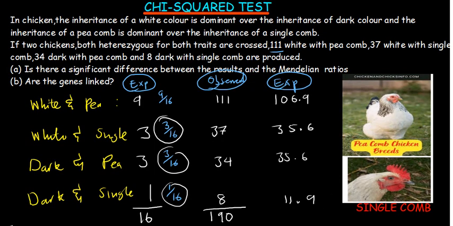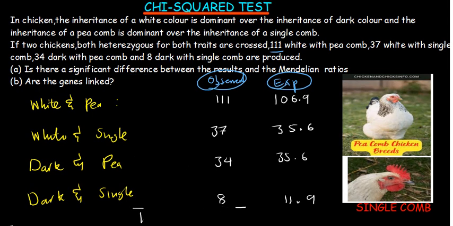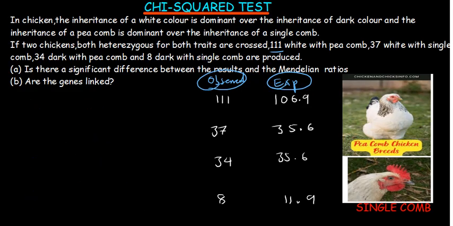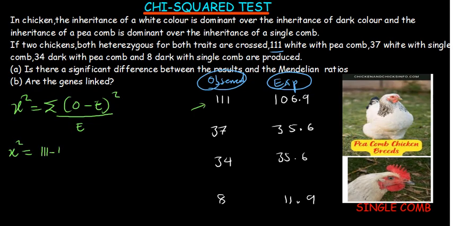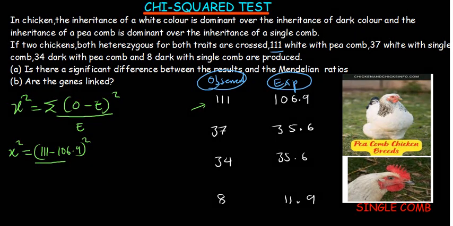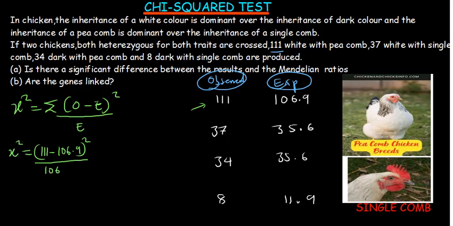Now we can use the chi-square to see what our answers are going to be. The formula is the summation of observed minus expected, squared, divided by expected. Therefore chi-squared is equal to, first I'll start with this one, observed 111 minus expected 106.9, we square that and then divide by the expected, which is 106.9.